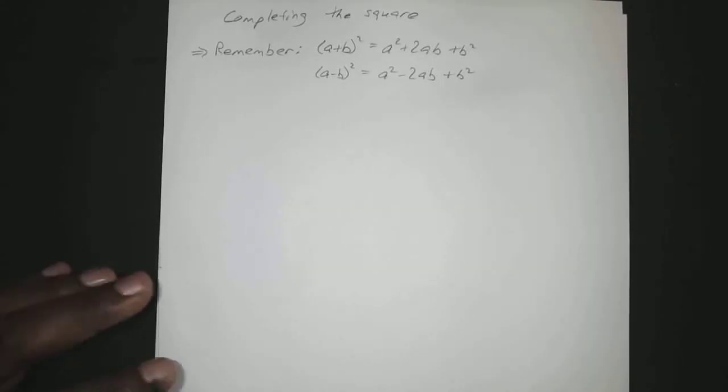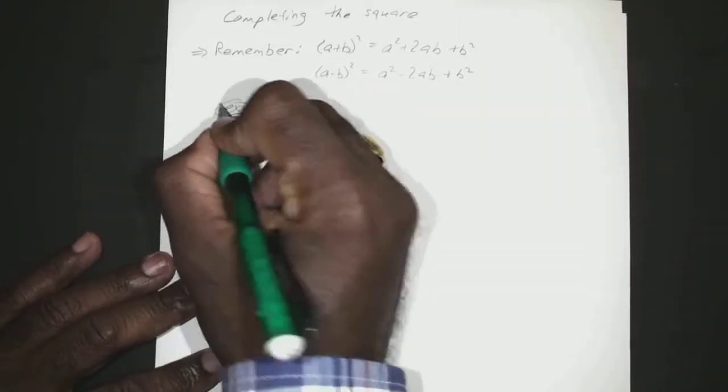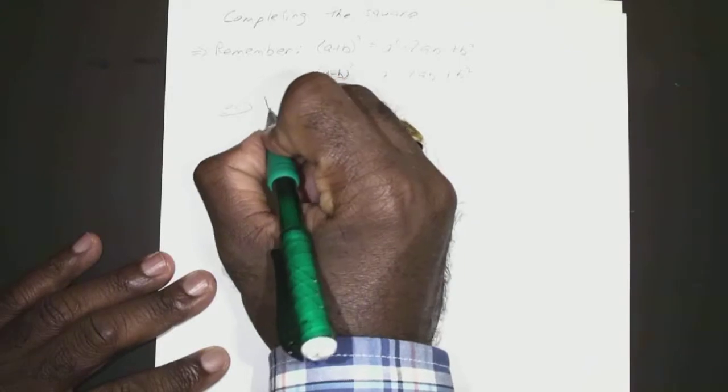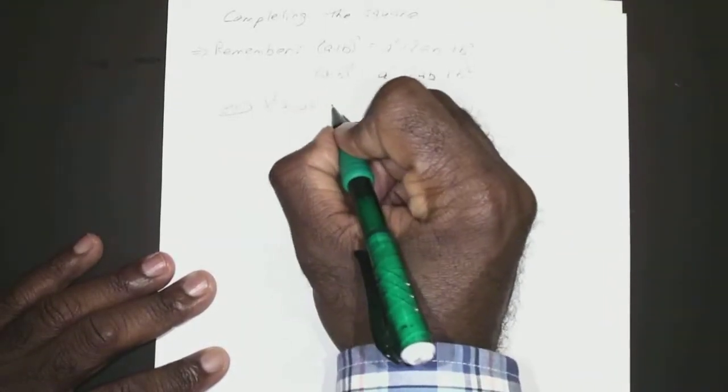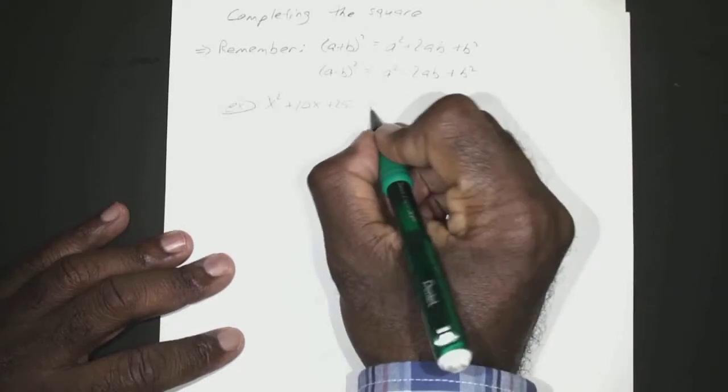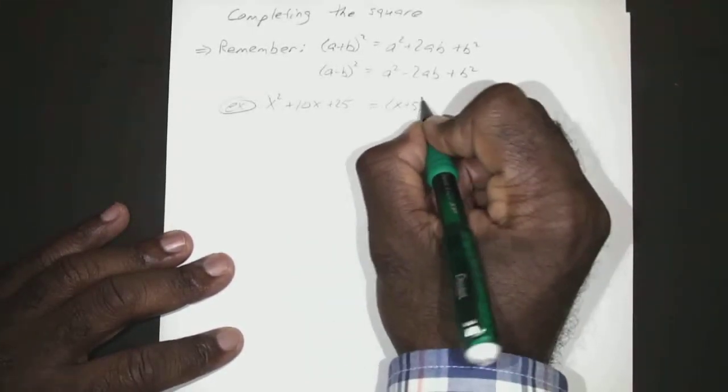Okay. So a quick example of that would be x squared plus 10x plus 25. Okay, so you can actually rewrite that as x plus 5 squared.